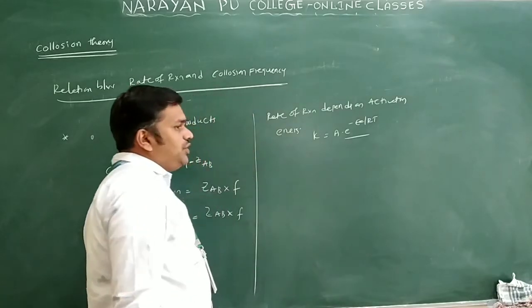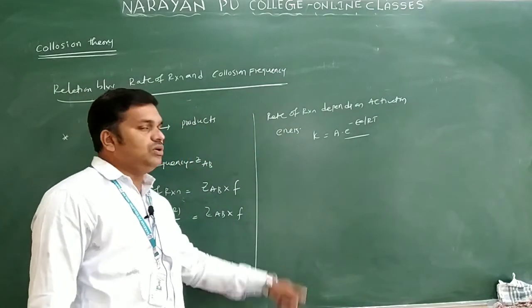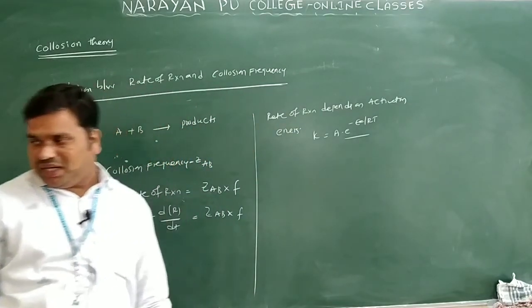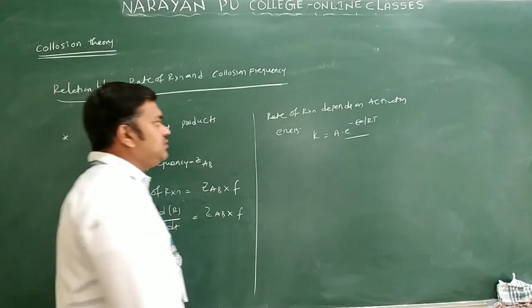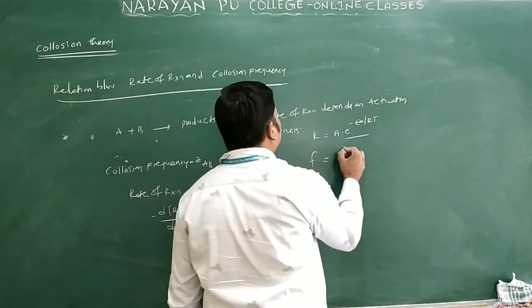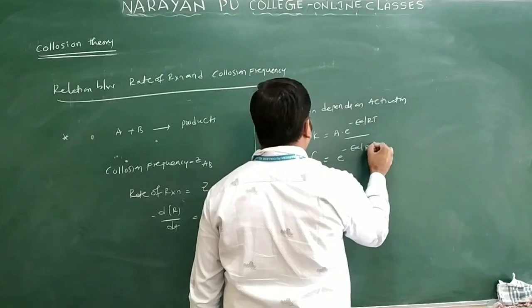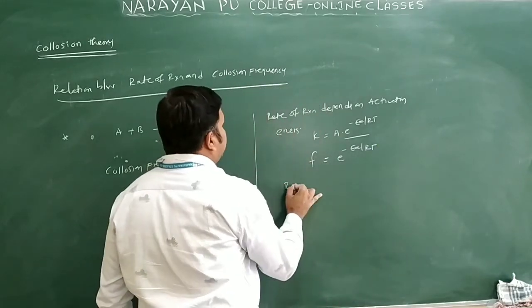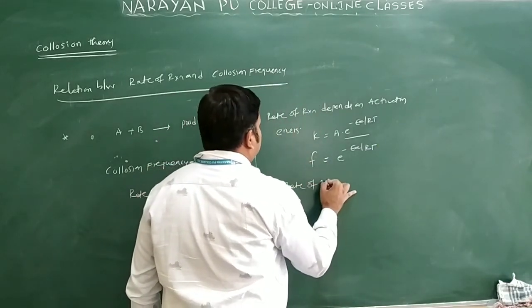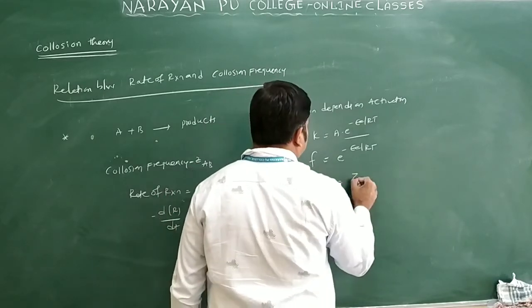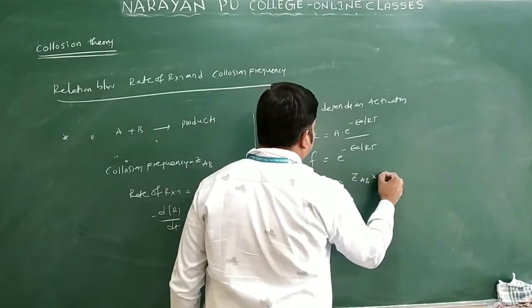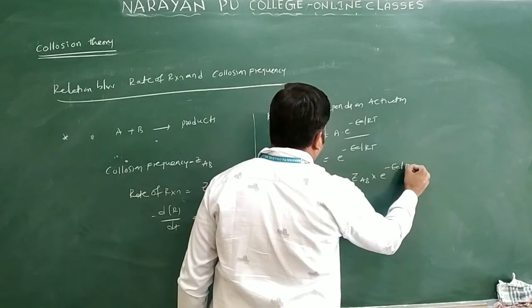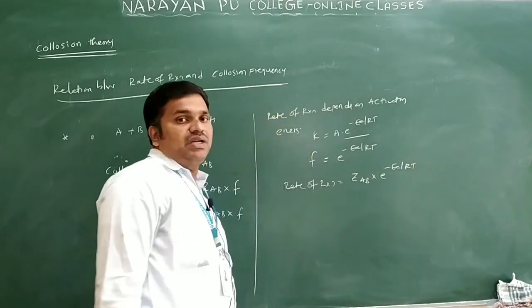So the value of F is e power minus Ea by RT. Now the rate of reaction is equal to ZAB into e power minus Ea by RT.